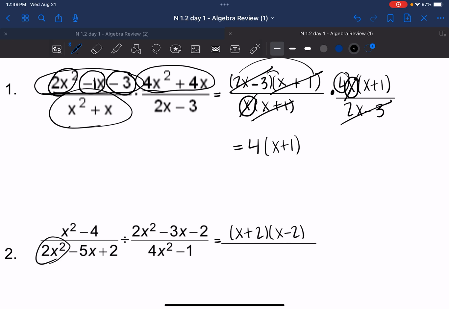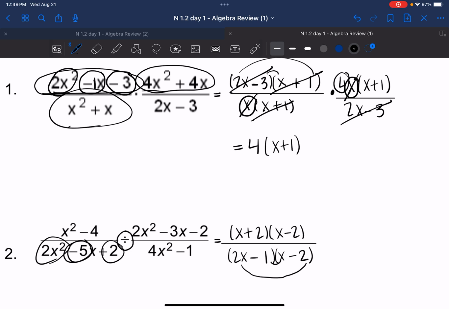So this 2x squared tells me to start my factors with 2x and x, and it has to multiply to give us 2 and then add to give us -5. So I'm going to want to put the 2 here and the 1 here so that when we multiply here we get 4 and here we get 1.